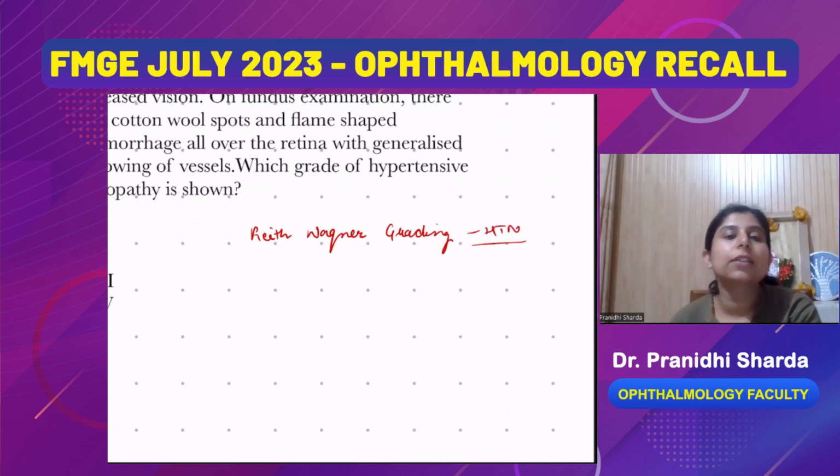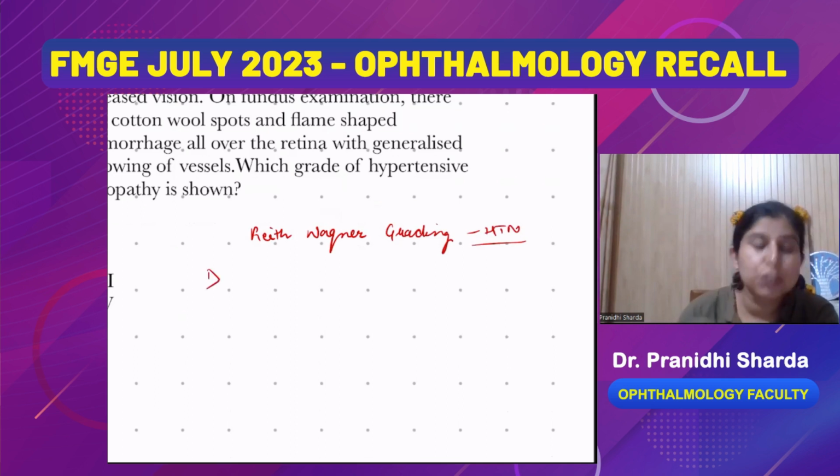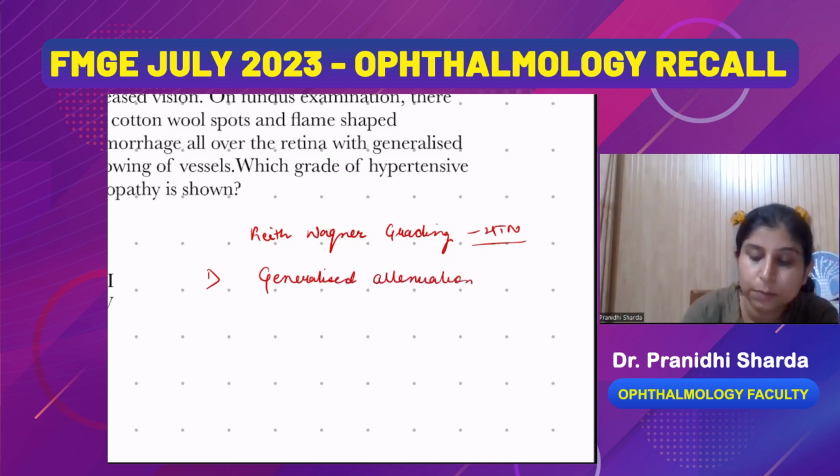What this grading states: in stage 1 or grade 1, there is generalized attenuation of the vessels, there is generalized narrowing. Grade 2 is the focal narrowing or focal attenuation of the vessels.